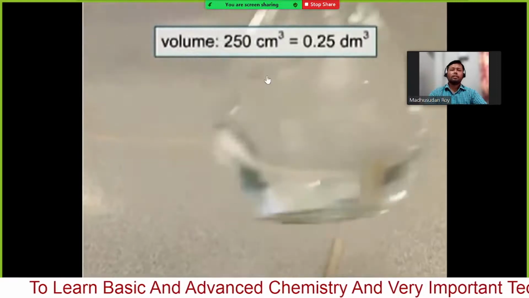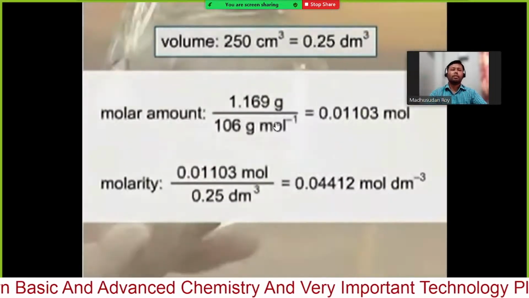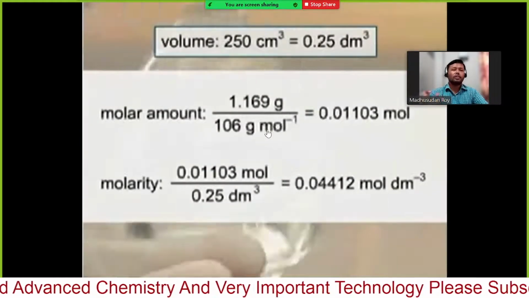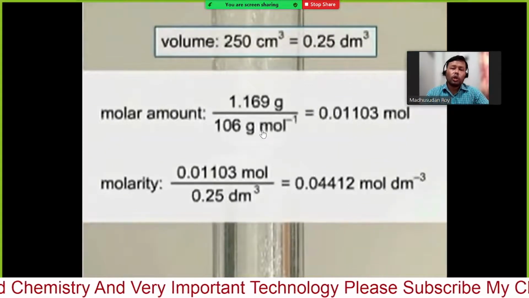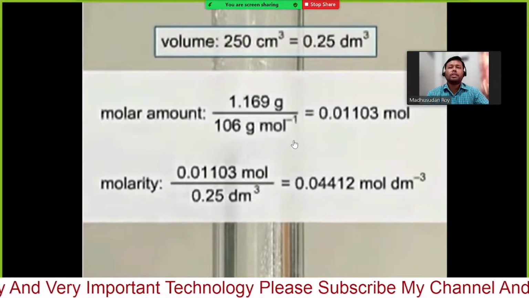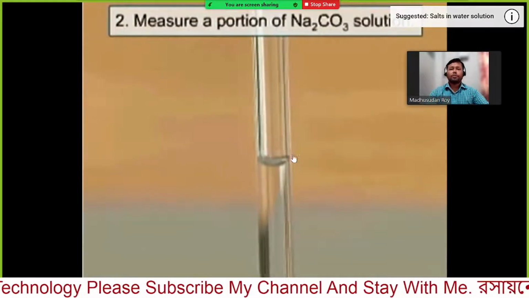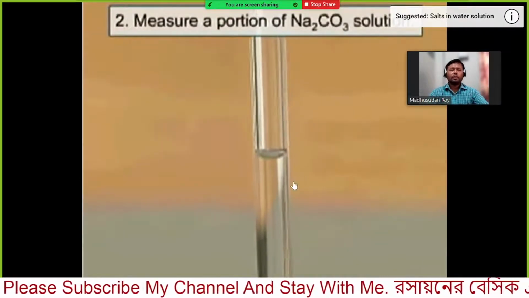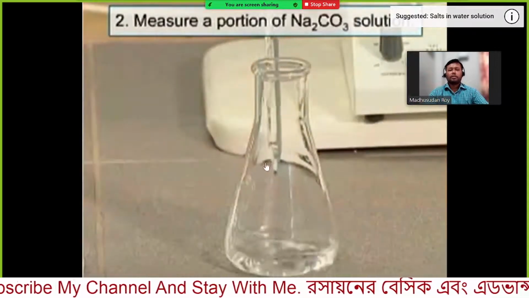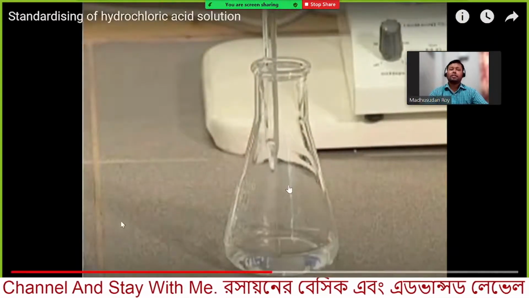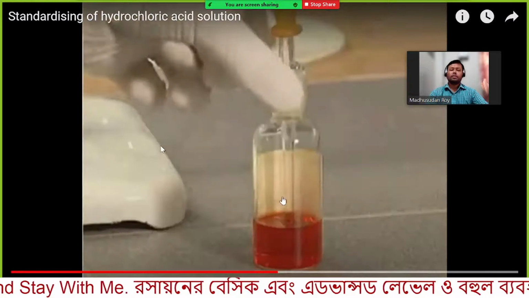How much are they making? They are making 250 ml, whatever, it doesn't matter. You just need to know the volume and the number of moles, that means the amount of the solute. So now taking the sodium carbonate solution to the conical flask, already taken.